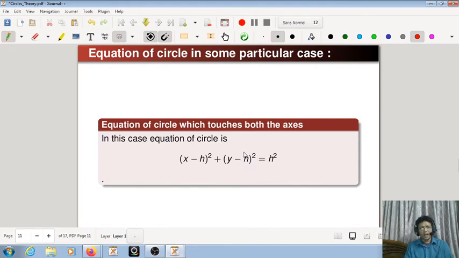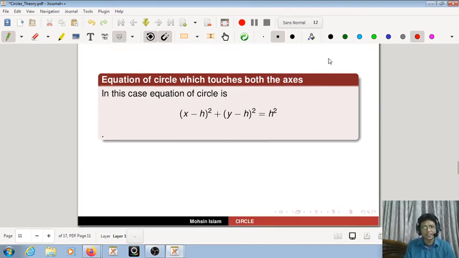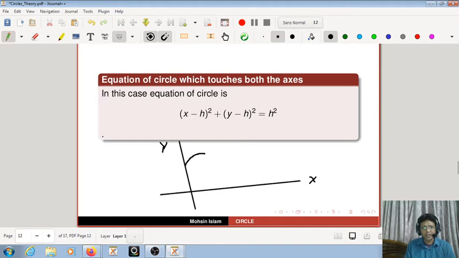Next, I suppose this is the last case. When the circle touches both the axes, what will be the diagram? Look at the diagram. This is the x-axis, this is the y-axis. If the circle touches both the axes, this will be the diagram. In that case, your center will be (h, h). Why?